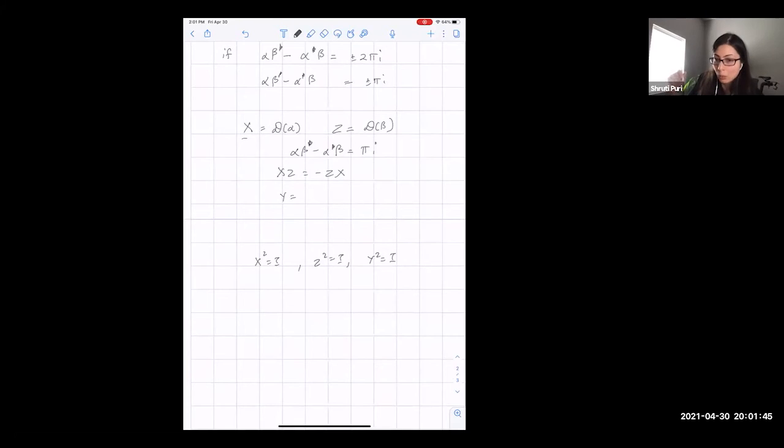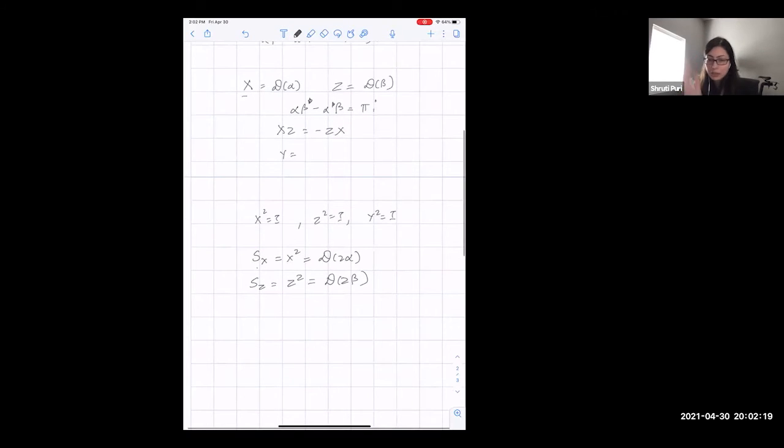So what we do is we use the code space, which is the +1 eigenspace of the operator called SX, which is the X stabilizer, which is simply X squared, which is D of 2 alpha. So we just use states which are the +1 eigenstate of the X squared operator and also the +1 eigenstate of the Z squared operator, D of 2 beta. So now I have actually been able to define my qubit with the Pauli operators.